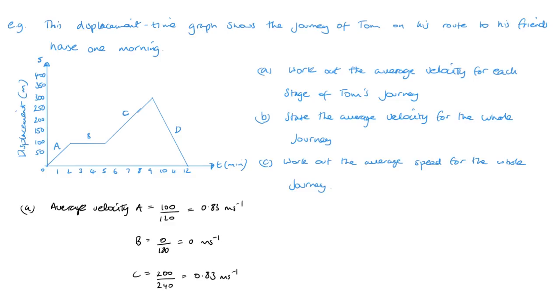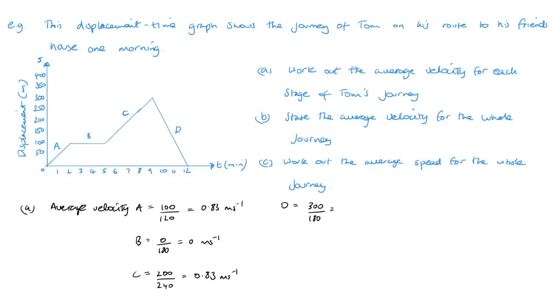But it has the same gradient, therefore I was expecting the same average velocity. And then for D, we've got from here down, so 300. And then in terms of time, we've got 1, 2, 3 minutes, so that's going to be divided by 180.